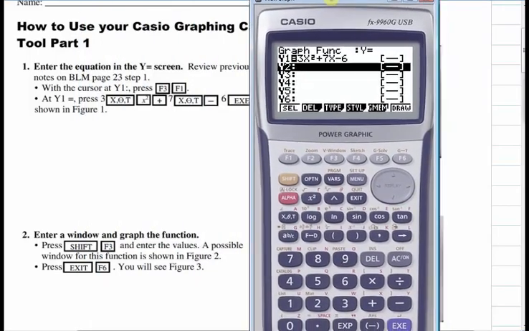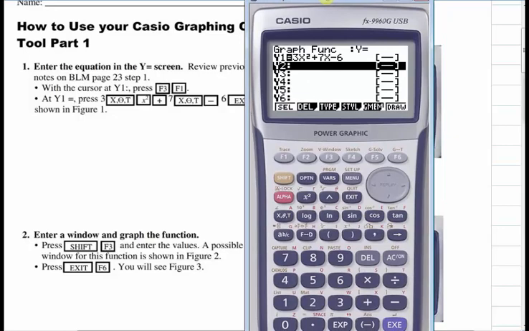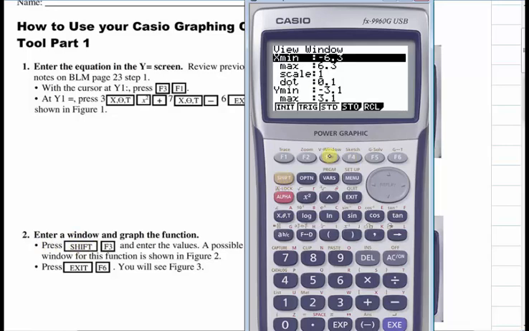Okay, the next thing we want to do is enter a window and then graph the function. So we're going to set our window settings. You need to press Shift F3, and that will put you in this window. Now, what you have here is the default window settings, but they're not adequate for this particular graph.